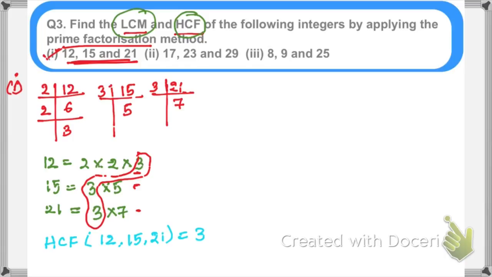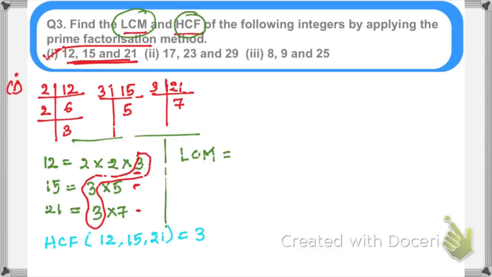As we have the prime factors, we can find the LCM. LCM is equal to the things that you can take as common, that is 3, and all those numbers that you can't take common can be written here once again.